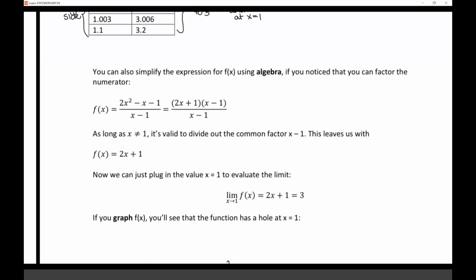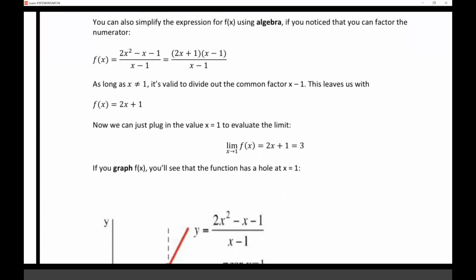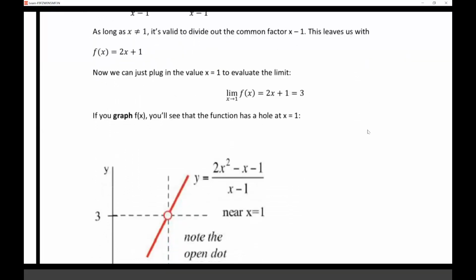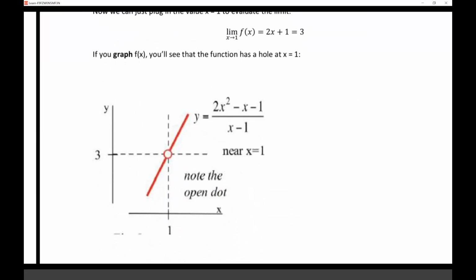That leaves you with the linear expression 2x plus 1 that you're seeing on the graph. Then all you need to do is plug in 1 to what's left, and lo and behold, 2 times 1 is 2, plus 1 is 3. That's the limit. And here it is, a graphical zooming in of what I had in Desmos.